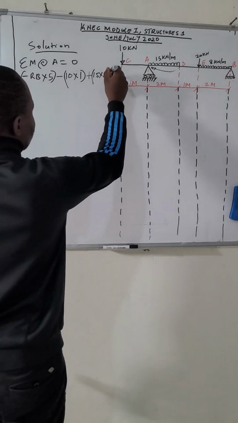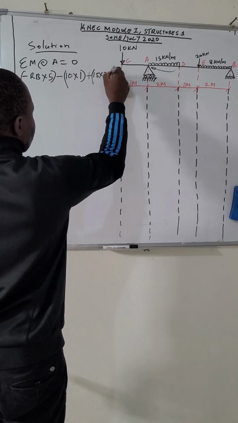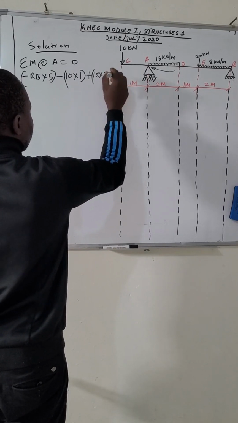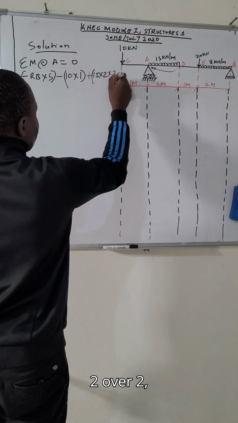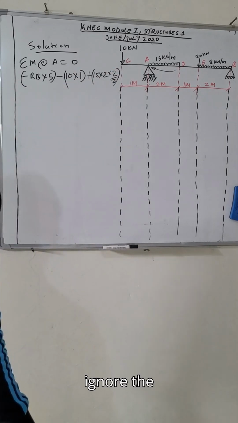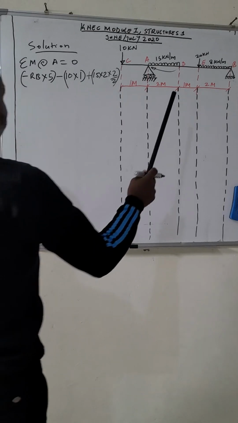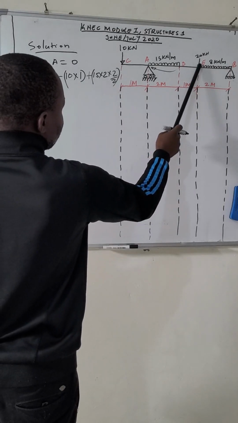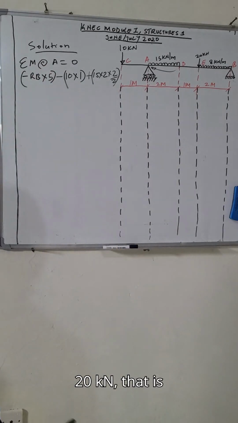So times 2 over 2. You close the bracket, and then we have another one, 20 kilonewton.